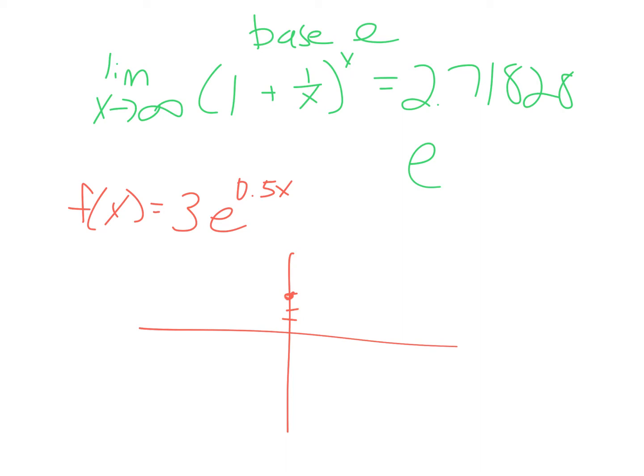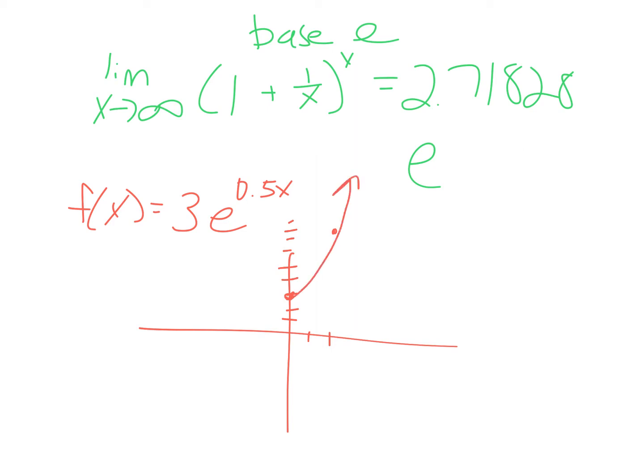So if I put 2 in for x, we're going to be estimating a little bit here. 2 times 0.5 is 1, e to the power of 1 is e, which is 2.71828, and so on, and then e times 3 is 3e, or as a decimal, about 8.15 approximately. So somewhere up here, we'll call this 8.15. I know I should be labeling 4, 5, 6, 7, 8, a little over 8. So it's going to keep going up and up.